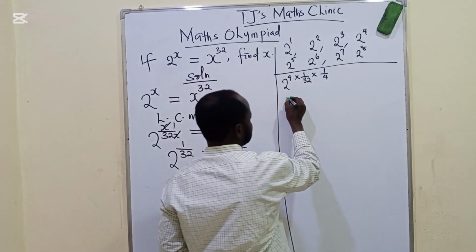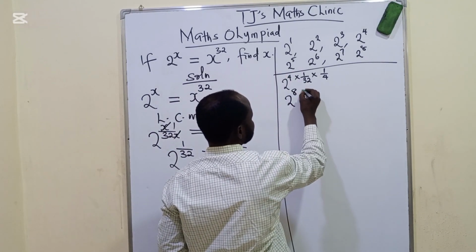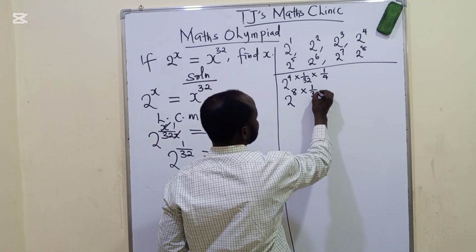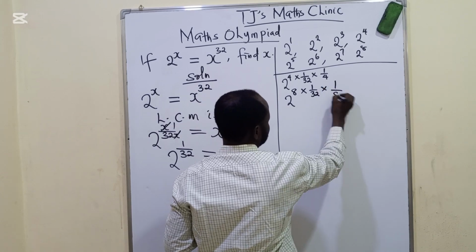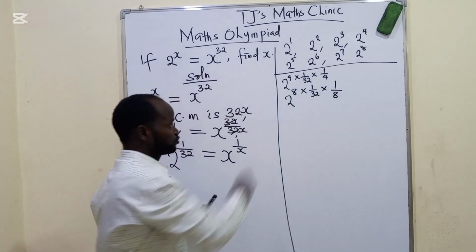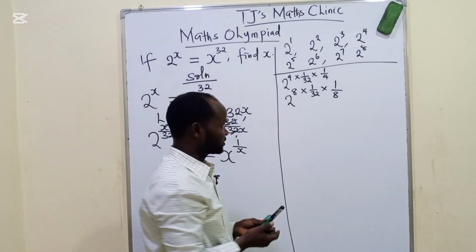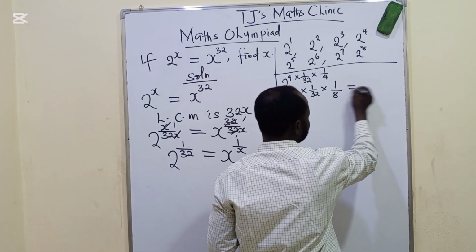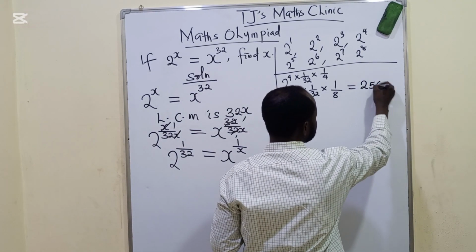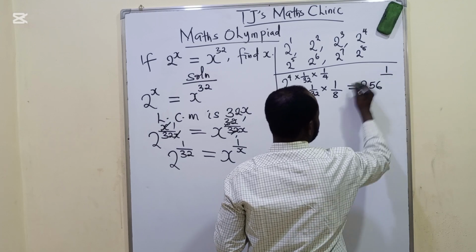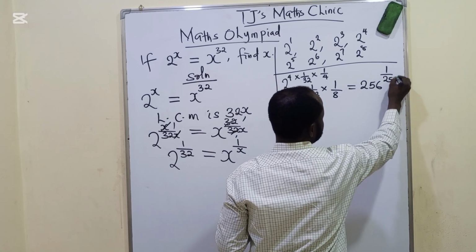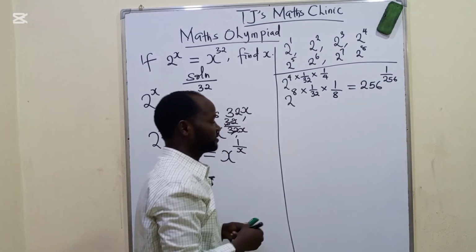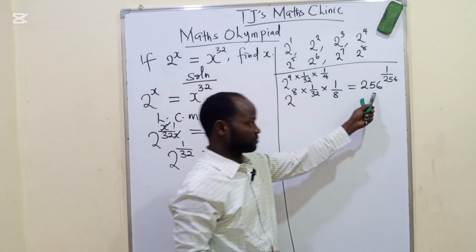So let's check 8. 2^8 multiplied by 1/32 times the reciprocal of that 8. 2^8 is 256. 32 times 8 is 256. We realize that we have 256^(1/256). Yes. The power is actually the reciprocal of the base.